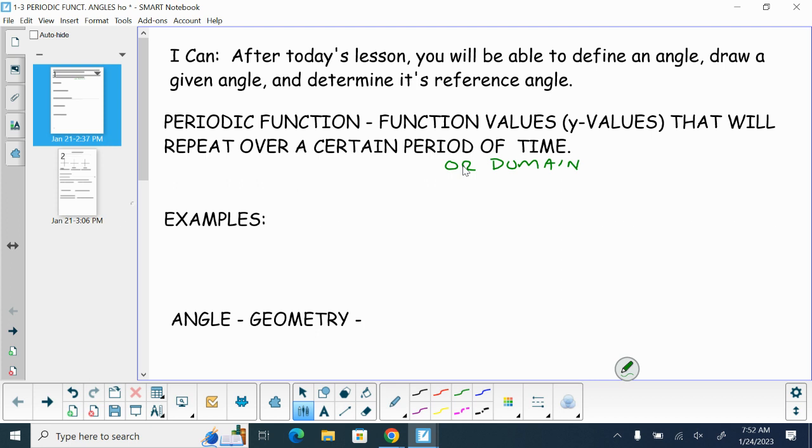Your y values will repeat themselves over a specific period of time or over a specific domain. This is called a periodic function. We'll go through some examples here in a second. But your y values, your domain values, or your range values will start to repeat themselves.